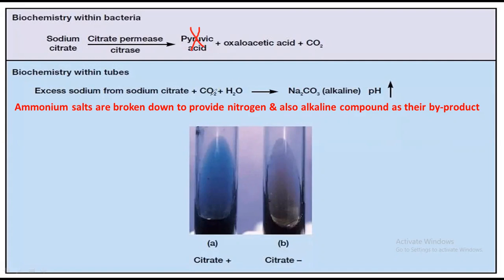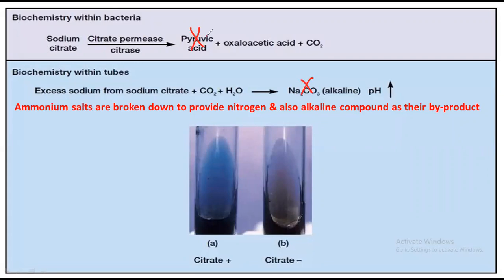So there will be no formation of sodium carbonate, and the ammonium salts that are used as nitrogen sources will also not break down. Because pyruvic acid mainly performs as a precursor metabolite for the production of different amino acids and different nitrogenous bases.